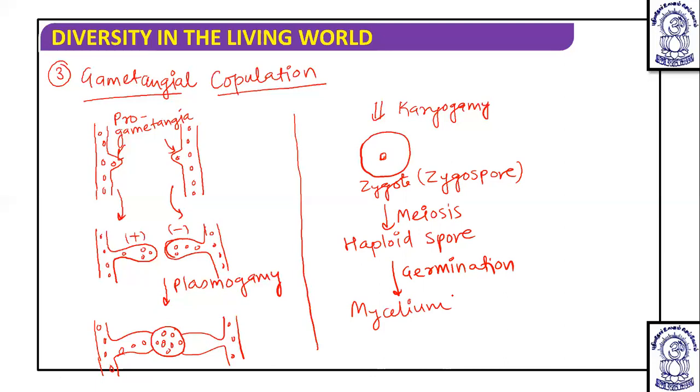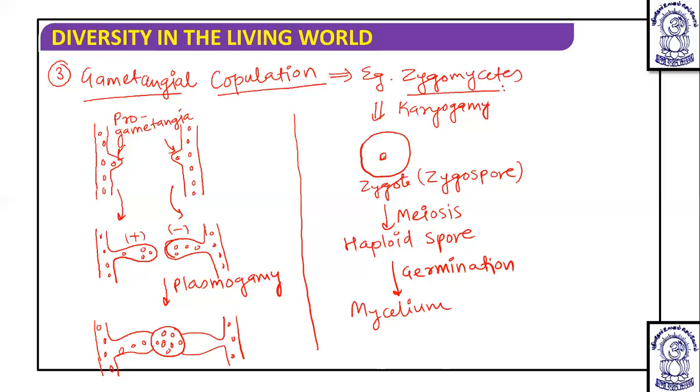So dear student, this is the way, and here the direct fusion of these two gametangia occurs. Because of this we call it gametangial copulation, whereas in the previous one there is formation of a contact tube, that is a fertilization tube, so it is known as contact. But here direct fusion is occurring, so it is known as copulation. And this copulation is known to occur in case of zygomycetes.